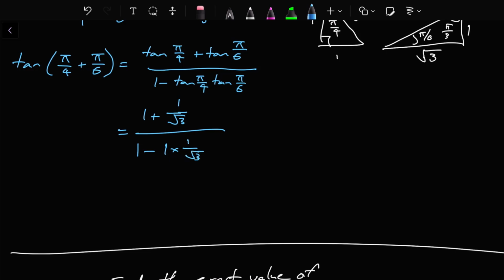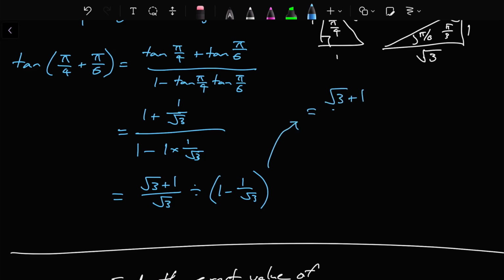Okay, which is equal to, all right, so now we just have to do a bit of fraction simplification. It's going to be root 3 plus 1 over root 3 divided by, I'm just going to write it as a division now because it's easier with the fractions, divided by 1 minus 1 over root 3, okay, which is equal to root 3 plus 1 over root 3 divided by root 3 minus 1 over root 3.